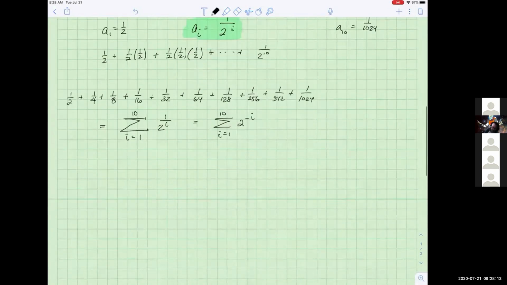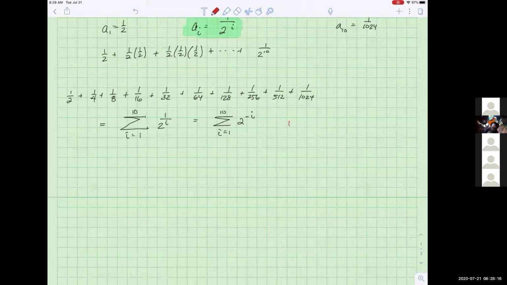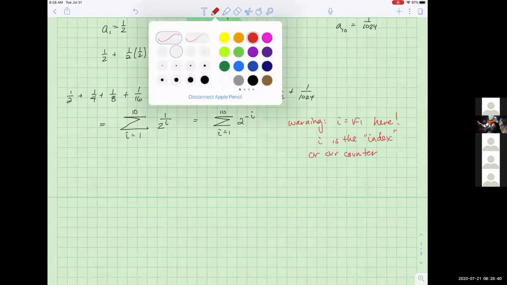Be careful. Warning. i is not the square root of -1 here. i is the index or our counter. And if you think that you're going to confuse i the index with i the square root of -1, just change the letter.